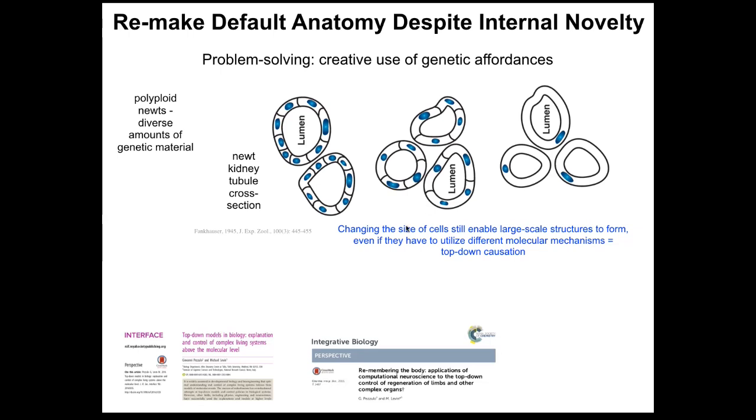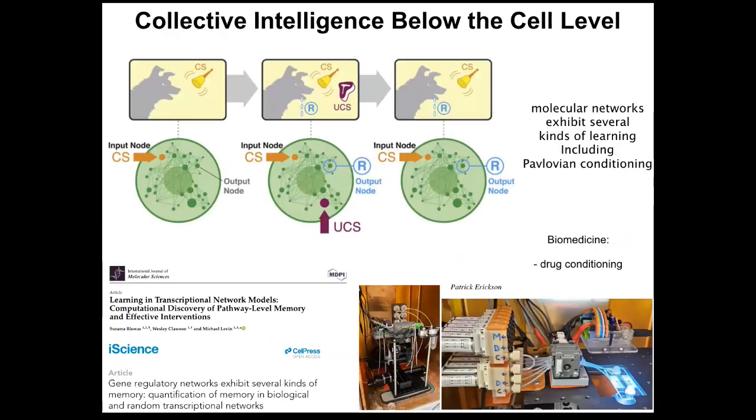So again, all of this is completely not obvious from anything that we're going to get from the typical molecular profiling. In fact, even below the single cell level, just the molecular pathways themselves, never mind the cells, never mind the brain, have 6 different kinds of learning capacity, including Pavlovian conditioning. And this is something else that we're doing in our group, trying to take advantage of some of these properties for things like drug conditioning and so on.